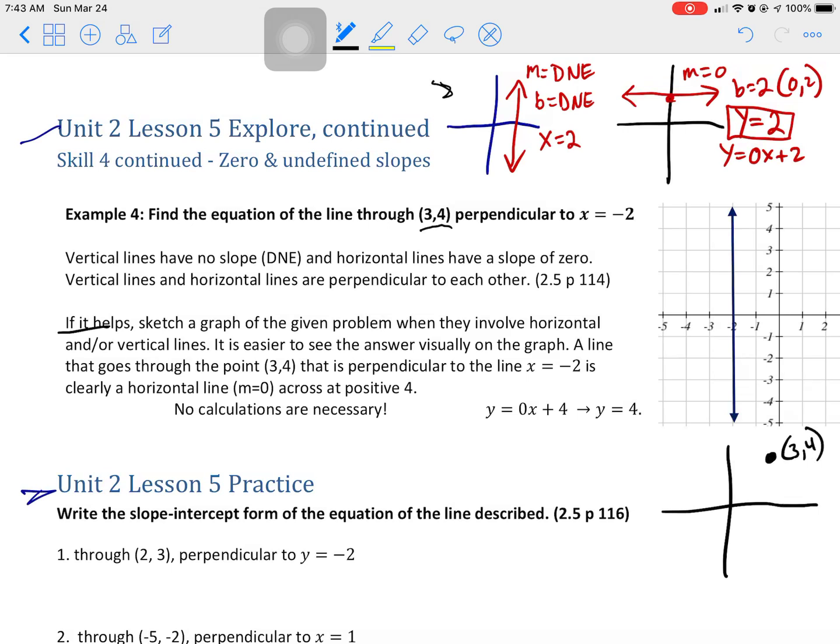3/4. Now it says I want an equation of the line that is perpendicular, that goes through there to x is negative 2. If x is negative 2, then that line goes this way, all right, over negative 2, 0, okay? So as we bring this up, let me clean this up a little bit. As long as we bring this up, we want something that's perpendicular to it.